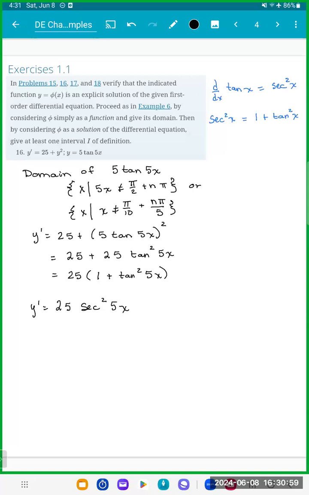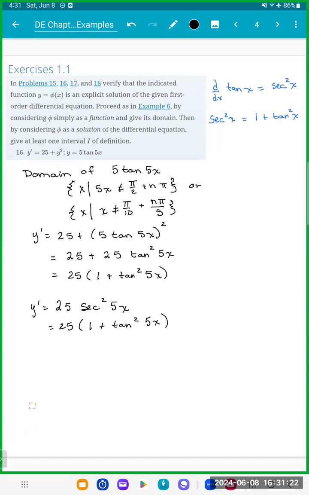And if we look at it in those terms, we also know that 25 times, remember, 1 plus tangent squared, but with a 5x because that's our multiplier.